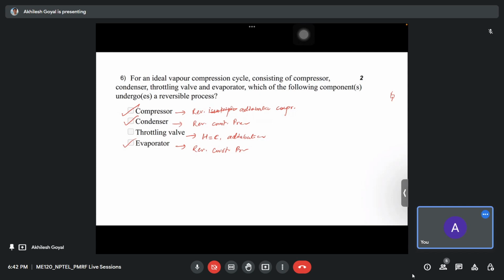So out of four, only three processes are reversible, and the throttling valve doesn't work on a reversible process. So option C, or option third, is the correct answer for this question.